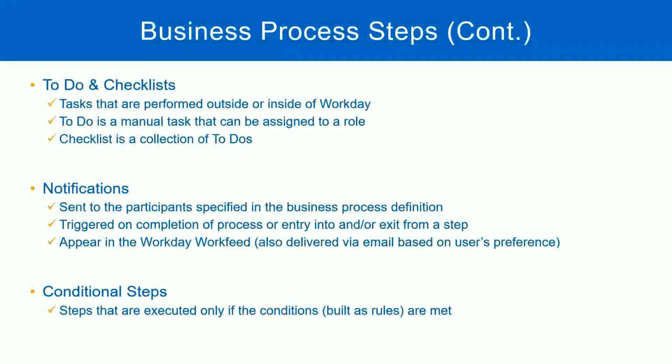The other is a checklist. A checklist is a collection of to-dos, so you may have multiple to-dos. Go to this website, order a laptop, order a headphone. Go to a different website, order a keyboard and a mouse.